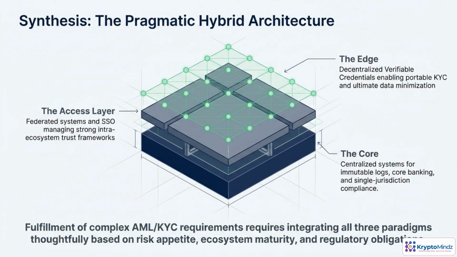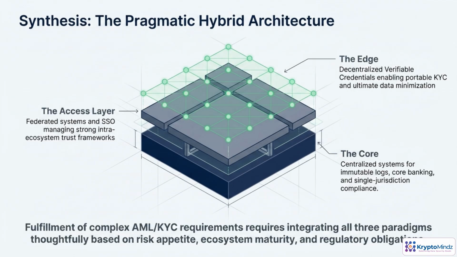You can think of modern identity, KYC, and AML as a three-layer system you compose. At the core, keep what regulators and auditors care about most: centralized, strongly governed systems for ledgers, immutable logs, and jurisdiction-specific compliance. Above that, the access layer handles federation and SSO, expressing trust inside your ecosystem while hiding internal complexity from clients.